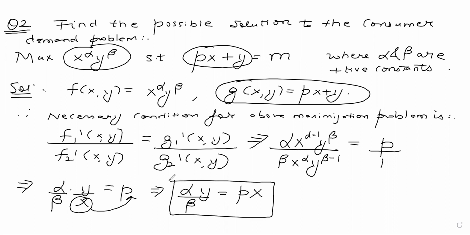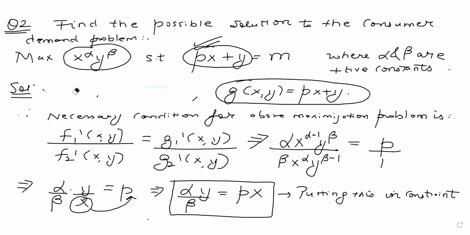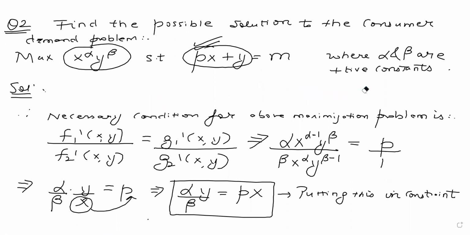Now, putting this in the constraint, let us see what we get. Okay, so we have px. Now, what is px? Alpha y by beta. Let me solve this question further on the top.